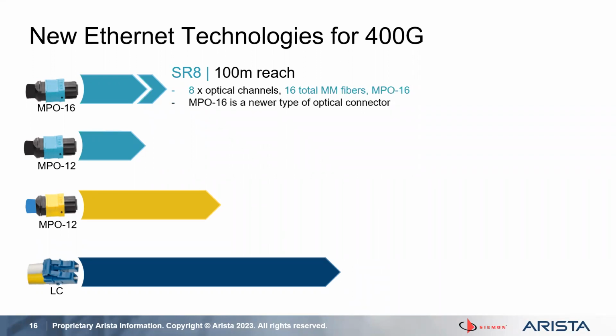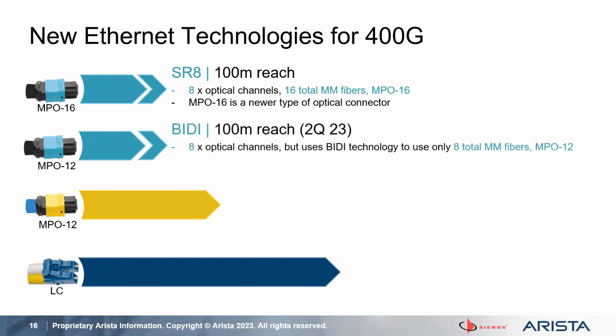It requires an MPO 16 connector, which is non-standard and not very common in the industry, but that is what's required for this application. The BiDi, which I mentioned, the 100 gig option, still utilizes the same MPO 12, still 8 fibers, like we've seen with 40 gig SR4 and 100 gig SR4.